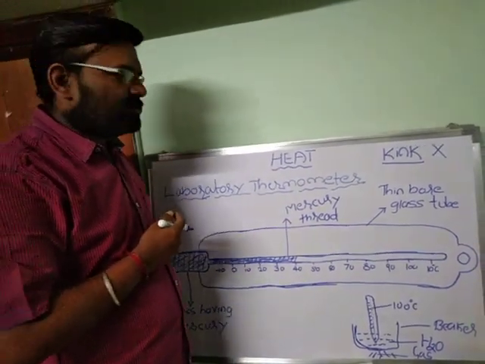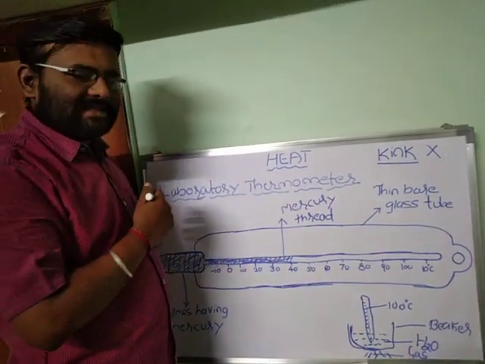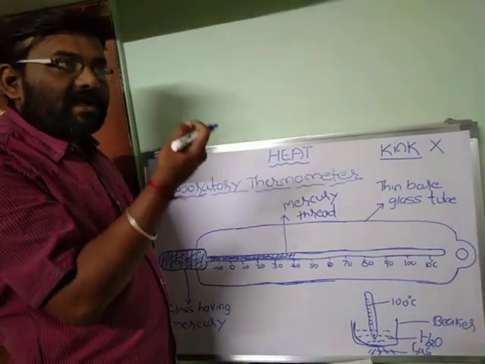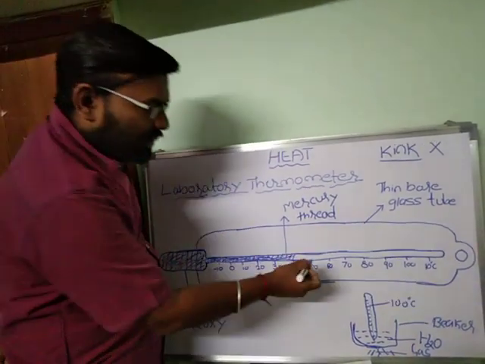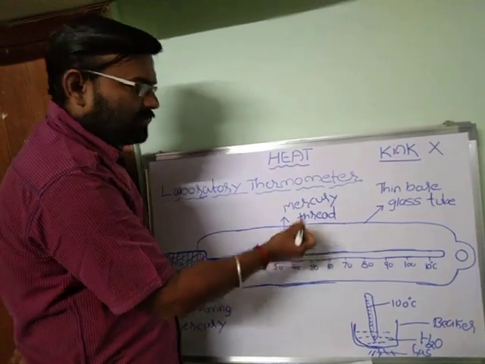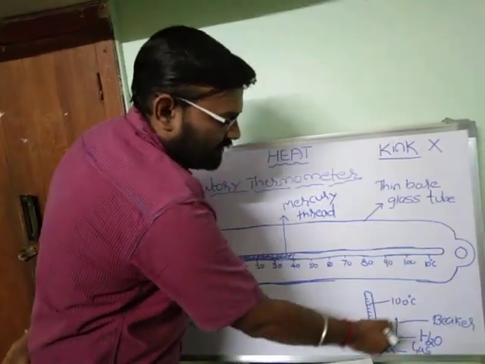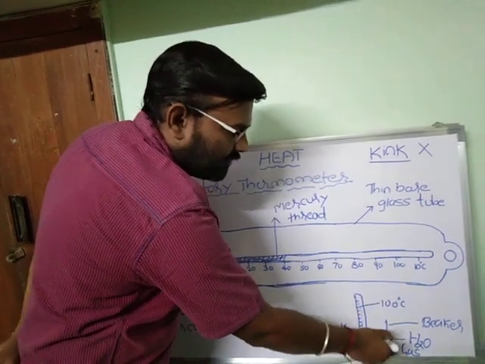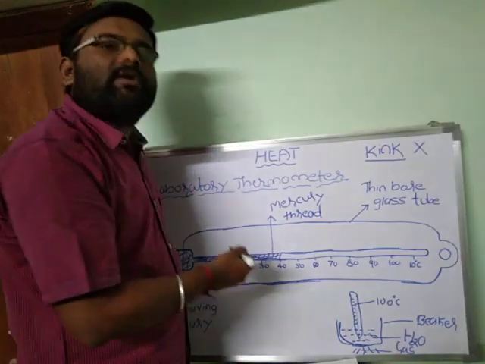The reason is that the kink, which is a graduated arc in the clinical thermometer, prevents the immediate falling of mercury. But in the laboratory thermometer the kink is not there, because the moment you take the thermometer out of the liquid, whichever liquid you are using, you have to immediately make a note of the reading.